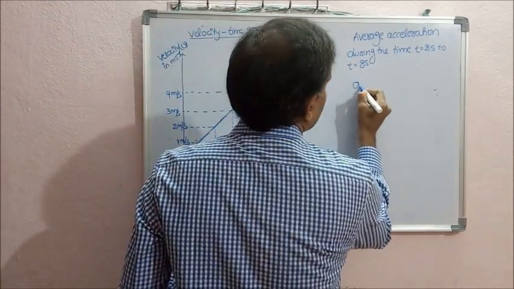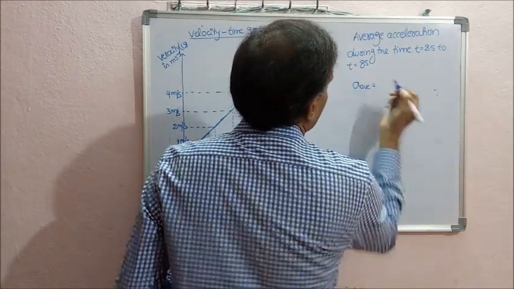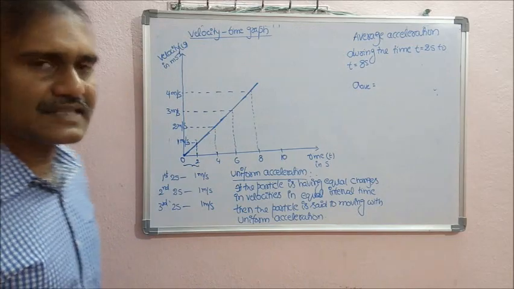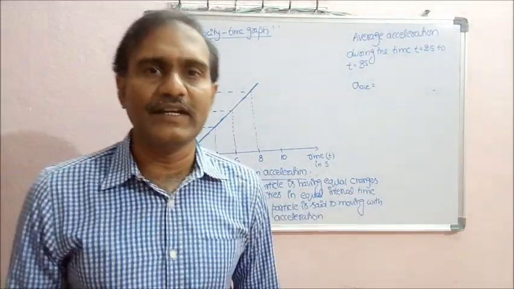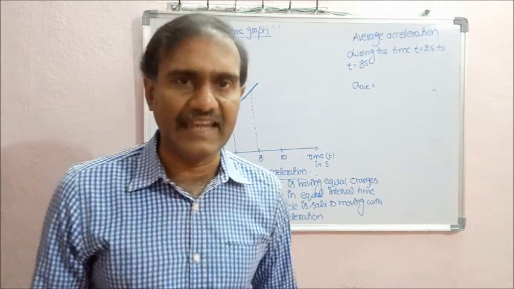Now, that average acceleration, if the velocity time graph is given, to find out the average acceleration, we want to find out the slope of the line.